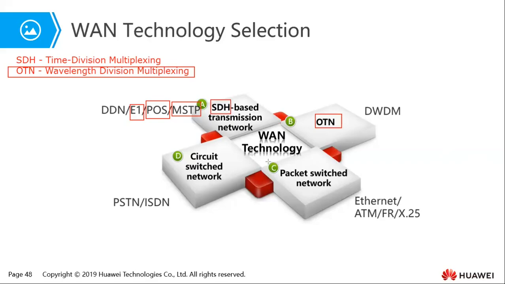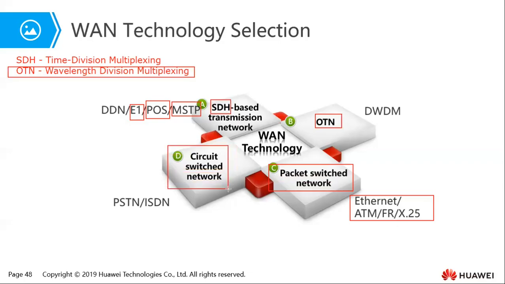Then we also have these technologies such as ATM, frame relay, X.25, and Ethernet, which are used by packet switched networks. We learned about frame relay at some point, so they can also be used to interconnect WAN.